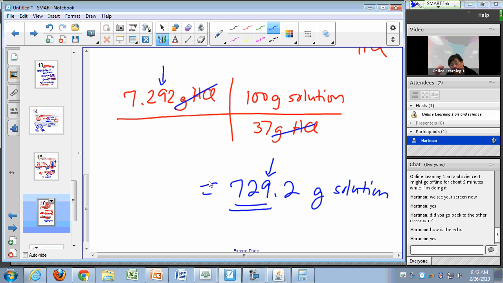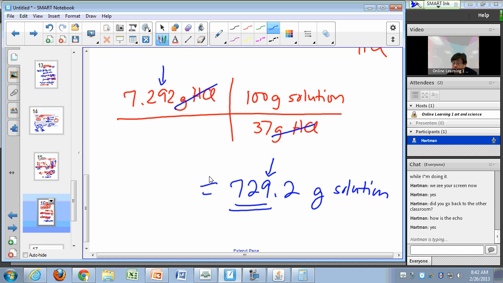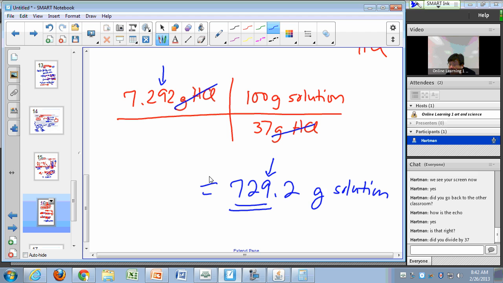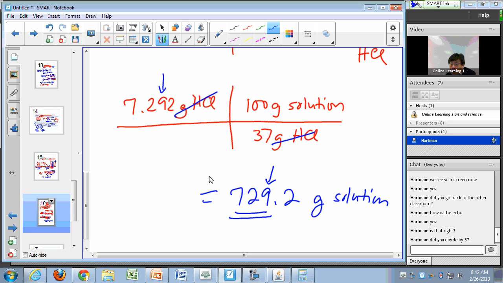All right? But it's generally not advisable to do that when you're dealing with liquids. Oh, I'm sorry, I did not divide by 37. I was wondering why that number was so big.